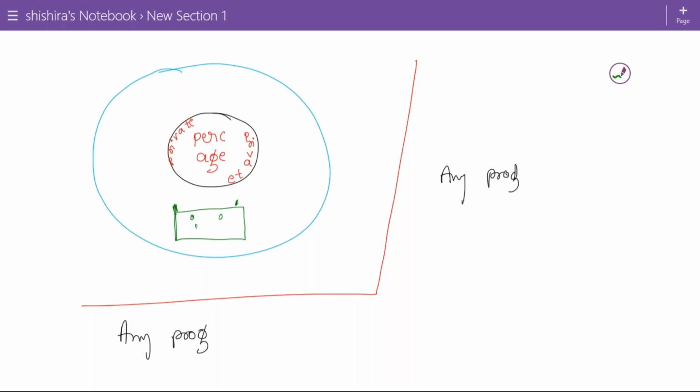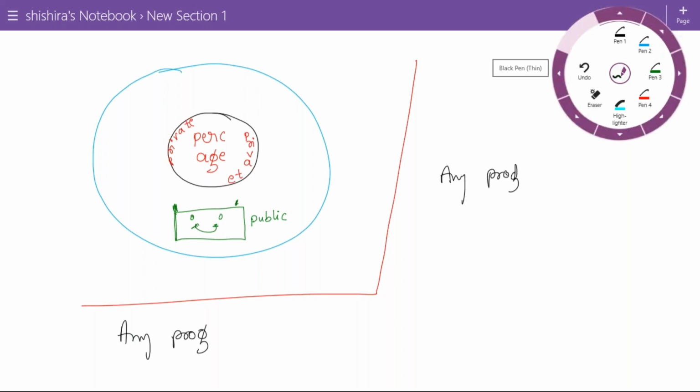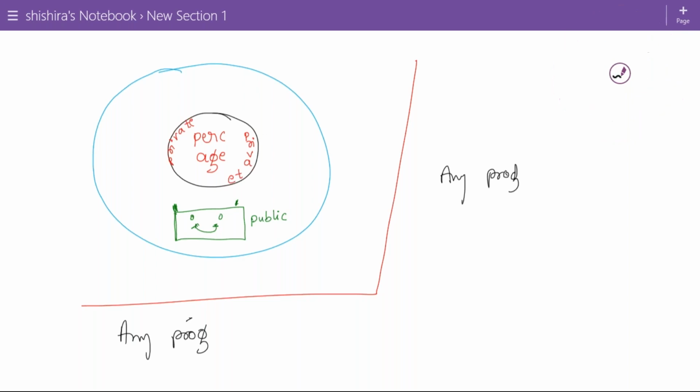This person should be given public access. If anyone wants to access your data, they cannot access private data, but they can access public data. We have already understood the meaning of private and public. Private can be accessed only within the class.